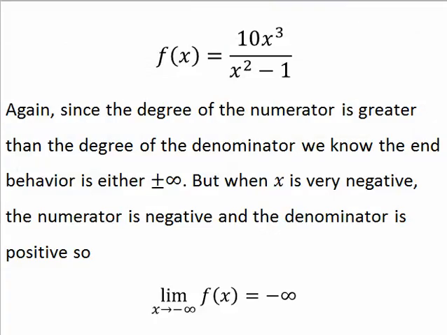How about the other end? Again, since the degree of the numerator is greater than the degree of the denominator, we know the end behavior is either plus or minus infinity. This time, when x is very negative, the numerator is very negative and the denominator is positive. So the overall ratio is negative.